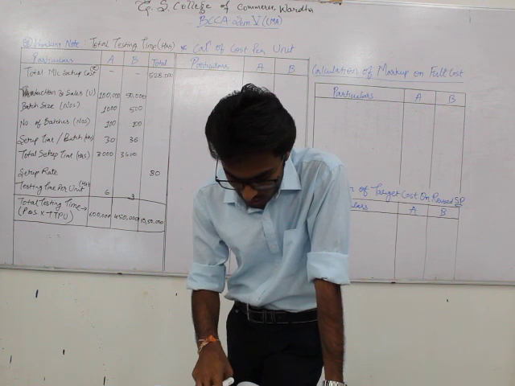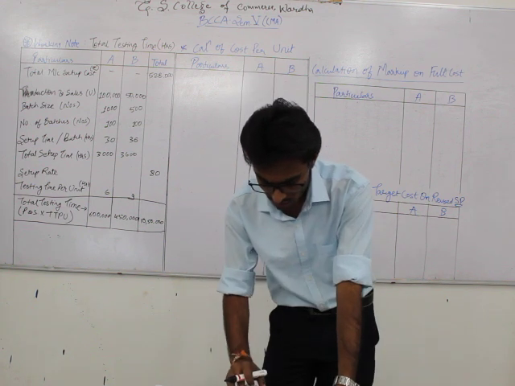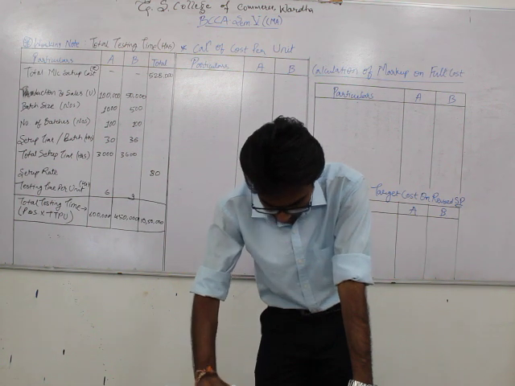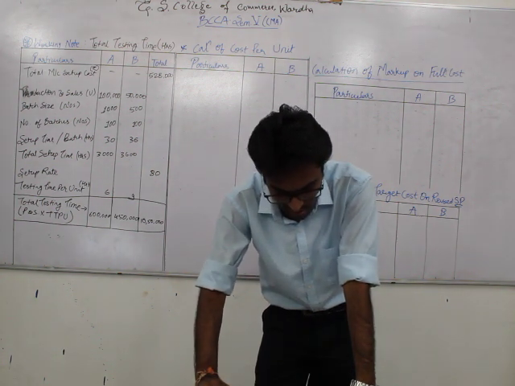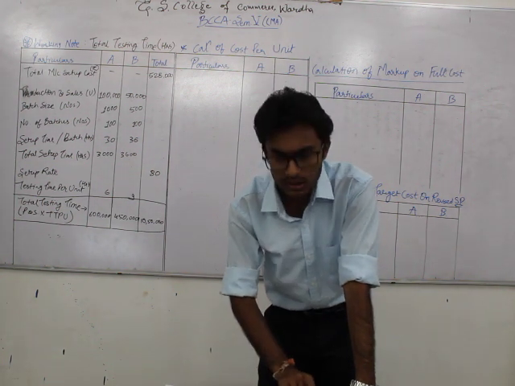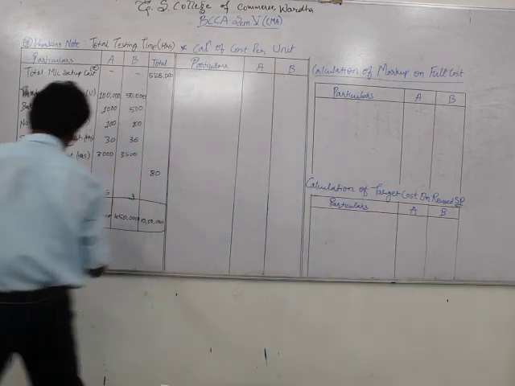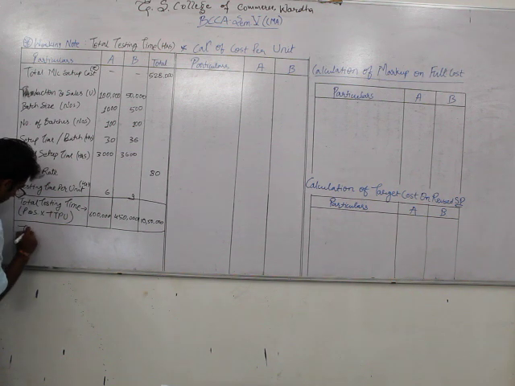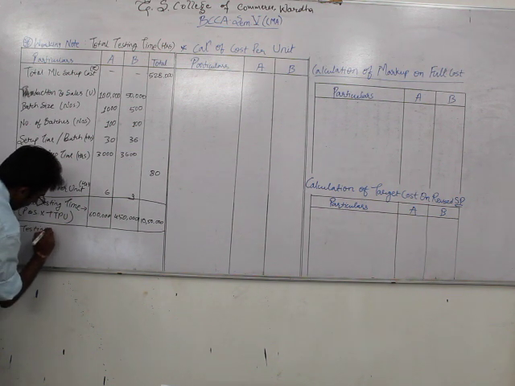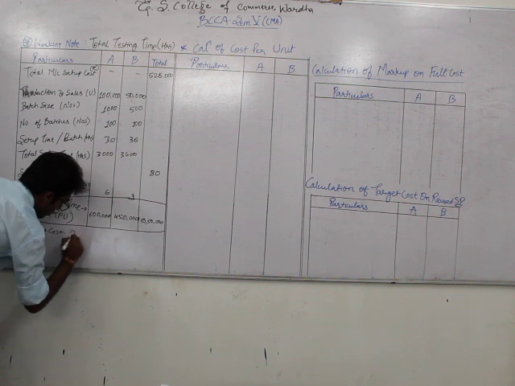So total testing cost is 21 lakh. And how can we find that? This is in the second table, second point, testing cost. We can write it like this: testing cost is 21 lakh.